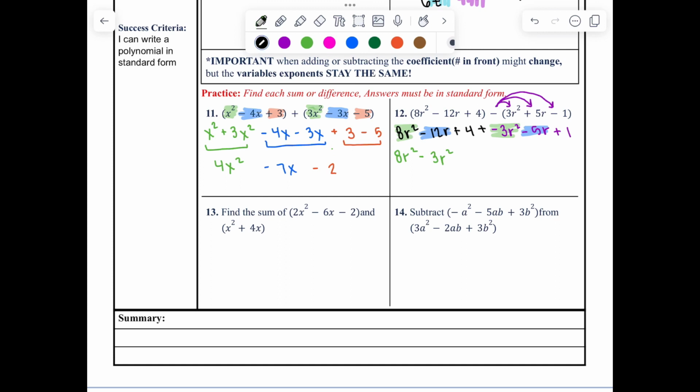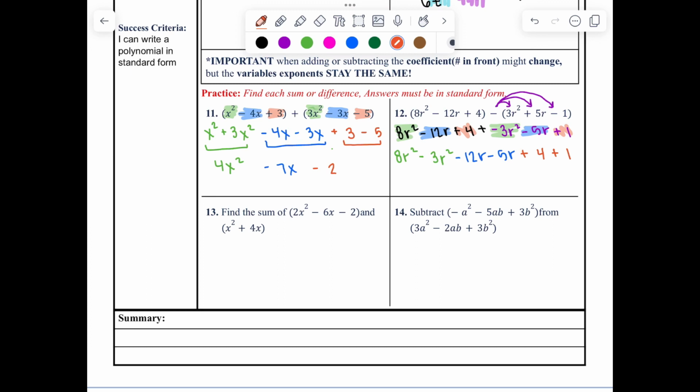Those both have a variable r, and neither one has an exponent, so I can combine those like terms. And then last but not least, I have to look at my constants here. When I add the constants, I have 4 and 1 being added together. Those are both positive, so I'm just going to do +4 and then +1.